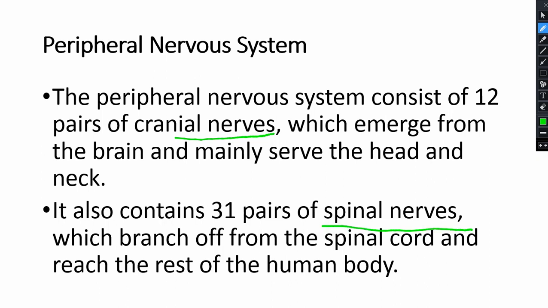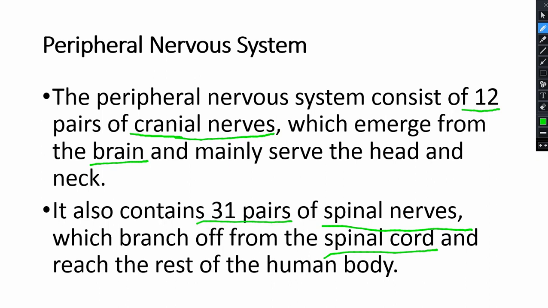Now what is the difference between the cranial nerves and the spinal nerves? Remember, cranial nerves originate directly from the brain, while the spinal nerves originate from the spinal cord. Cranial nerves are 12 in pairs, and spinal nerves are 31 in pairs.